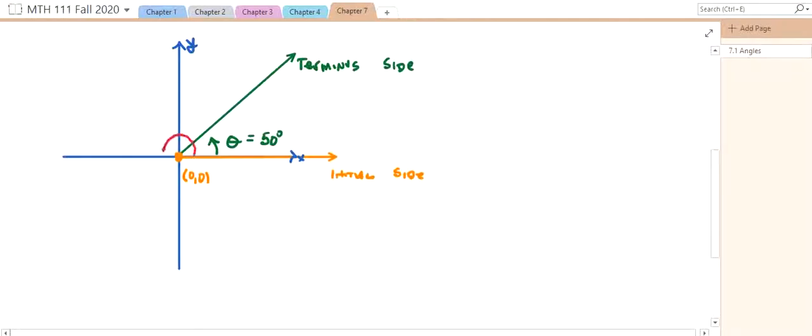We could take this angle all the way over here maybe, say, have this angle, and say this is 290 degrees. But whenever we're creating angles like this, where we have the orange line here in this initial position and we're measuring angles off of this, we call this the standard position approach to drawing angles.